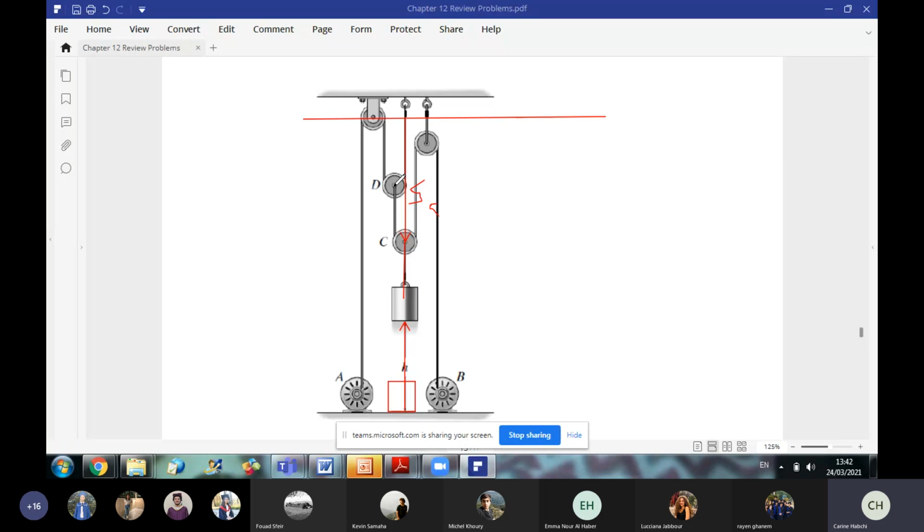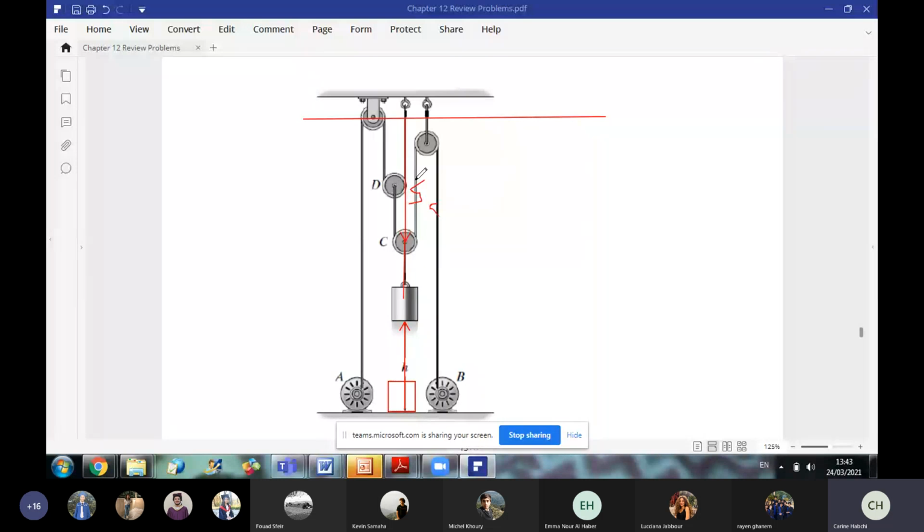Now let us look at pulley D. To know if the center of pulley D is moving or not, I should look at what this point is attached to. If the center of a pulley is attached to the ceiling or to a fixed level, then the center is not moving. But here, the center of pulley D is attached to the periphery of pulley C. This means that the center is moving, so I need a coordinate for this pulley.